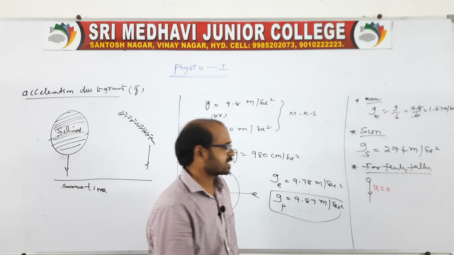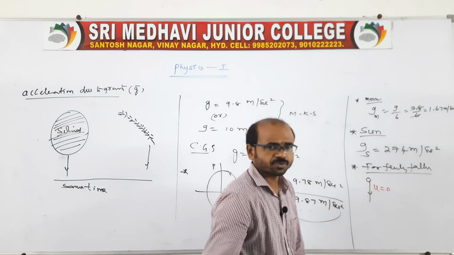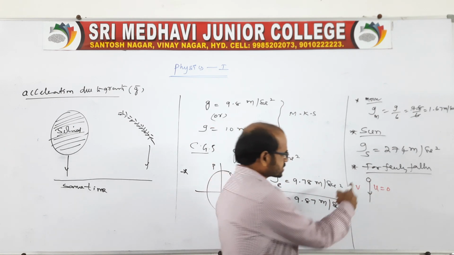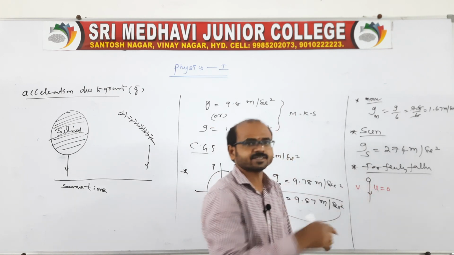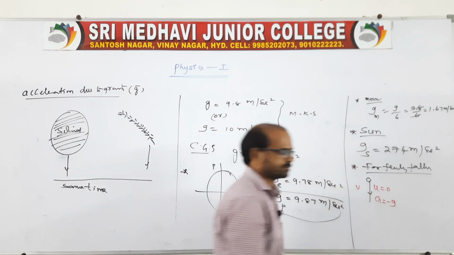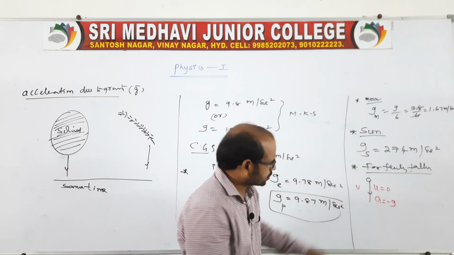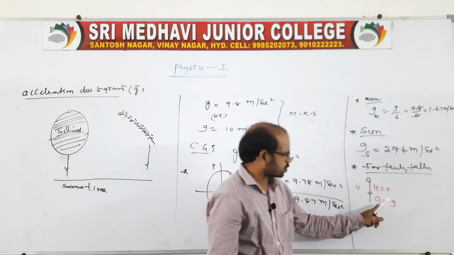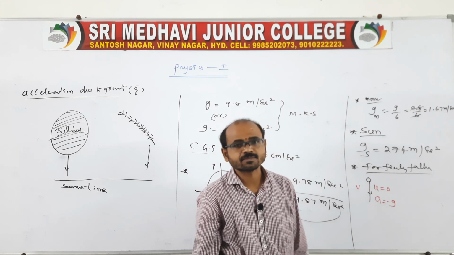For the freely falling condition we can take u is equal to 0, and the body falls with some final velocity. The body is acting towards the earth center, in the same direction, no? So for this case, the acceleration of a freely falling body, a is equal to plus g.